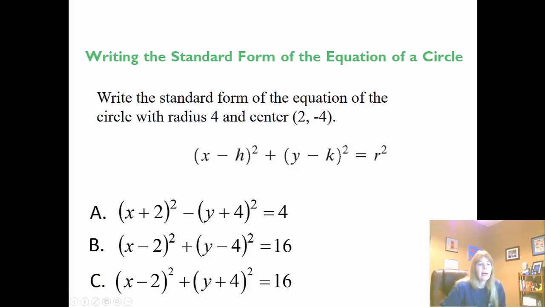Matching this, my 2 is positive, so I just put a 2 in there. So I know the answer is B or C. When I plug a -4 into this formula, a negative and a negative becomes positive, so I get +4. And my radius being 4, 4 squared gives me 16.